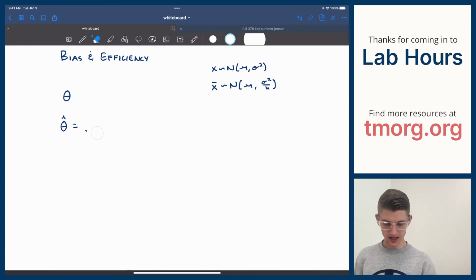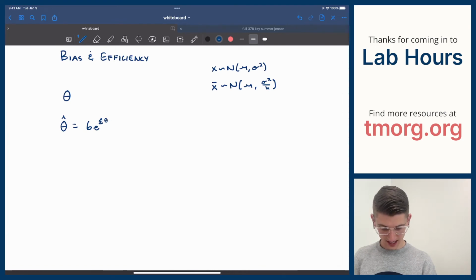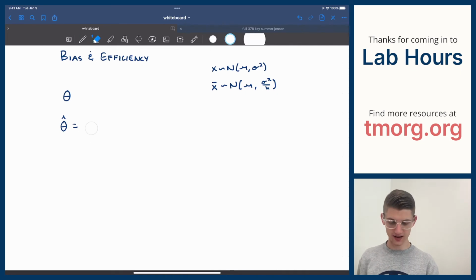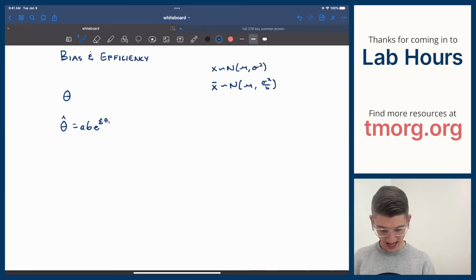Maybe it's 6e to the sum of theta i, or something like that. Something that's just gross that I don't want to calculate. And maybe there are some a and b parameters or something like that, right?